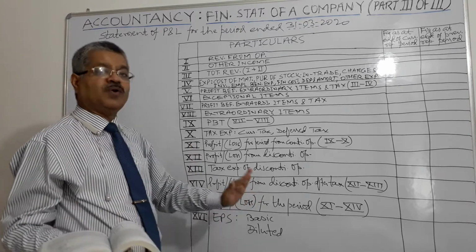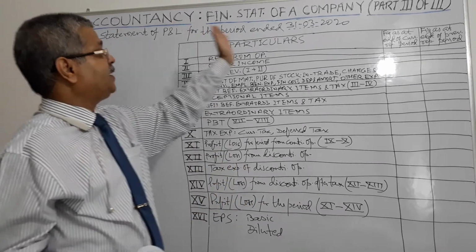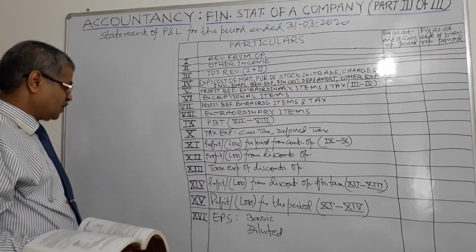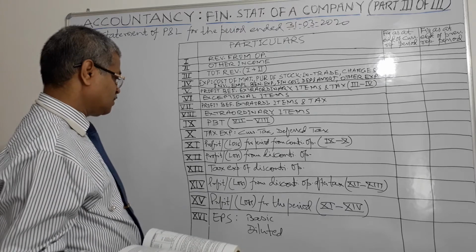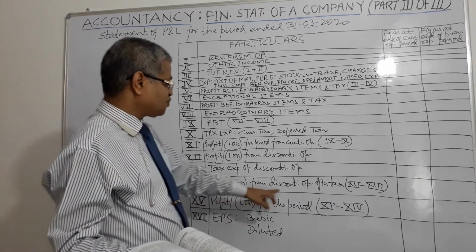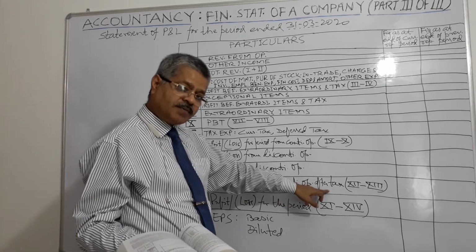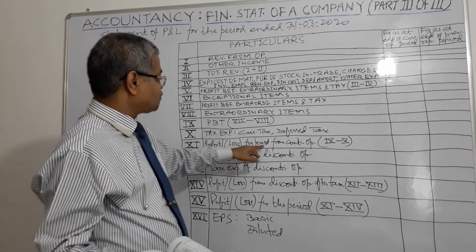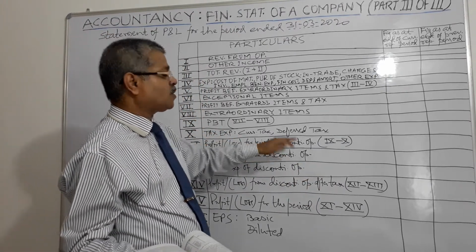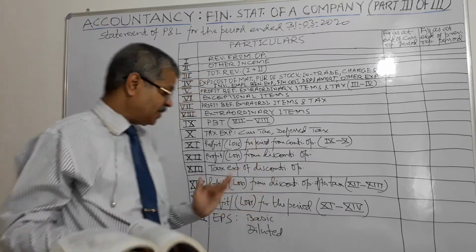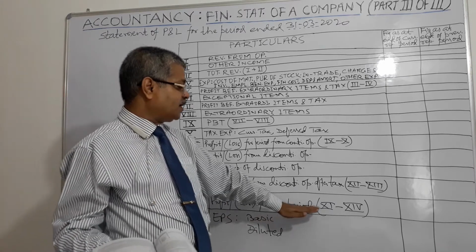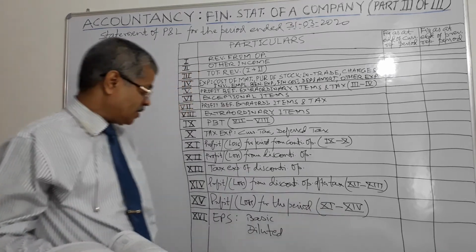Profit or loss for the period 2019-2020. So what we have done? We have deducted profit or loss from discontinuing operations after tax from profit or loss from continuing operations. Then we have come at profit or loss for the period, 11 minus 14.